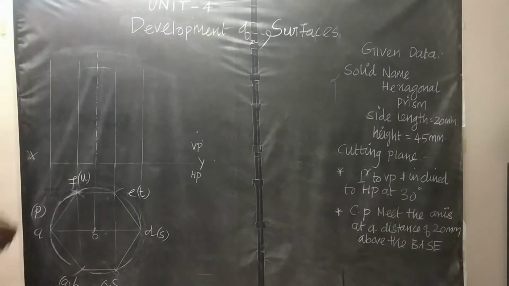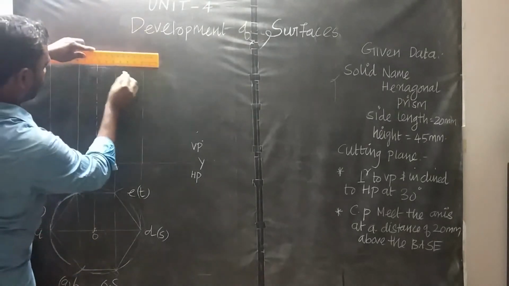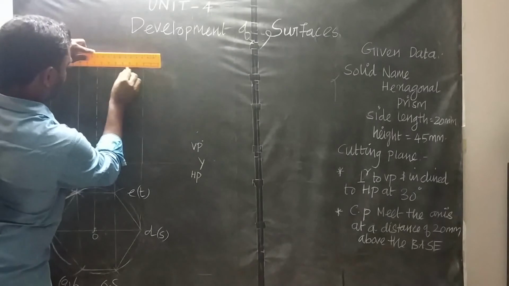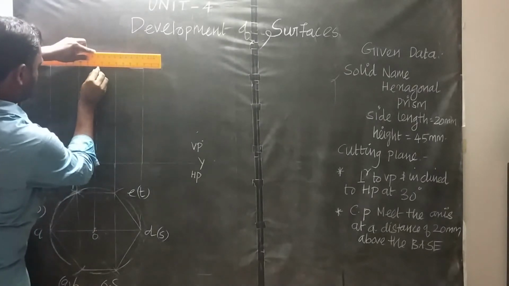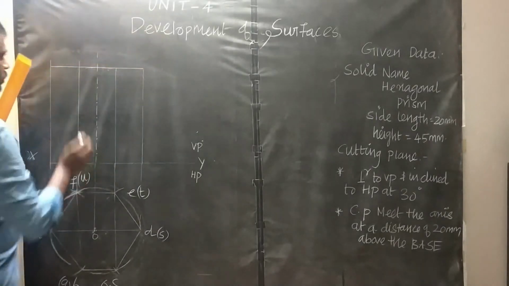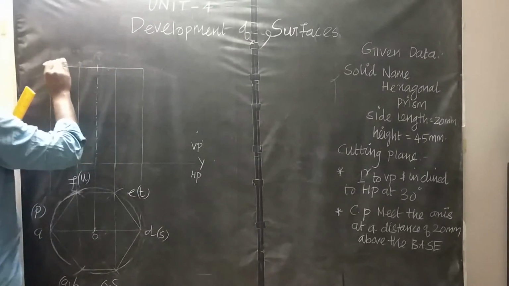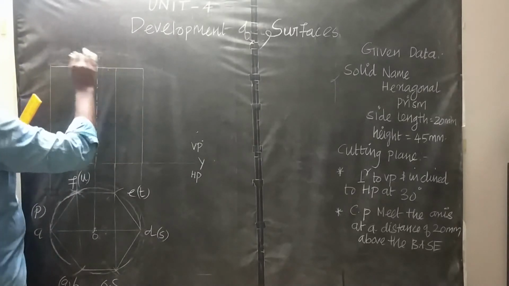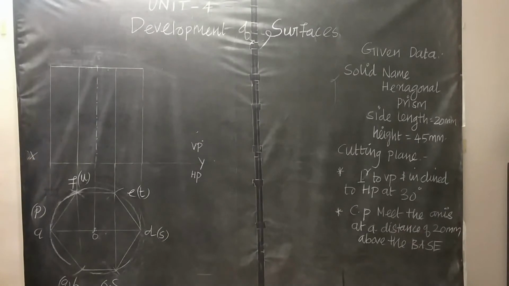Then from this point draw one horizontal line. Then erase these unwanted lines. Now stage 1 is over.